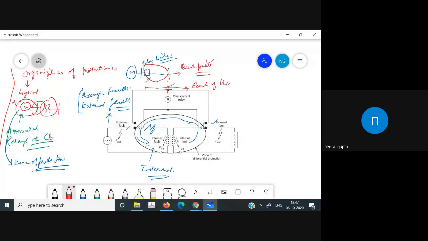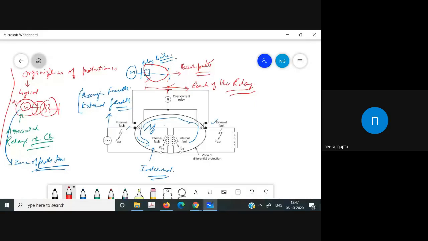It is known as the reach of the relay. So this is a very important point: what is the reach point? If you see, the protection system is organized in a very logical fashion.